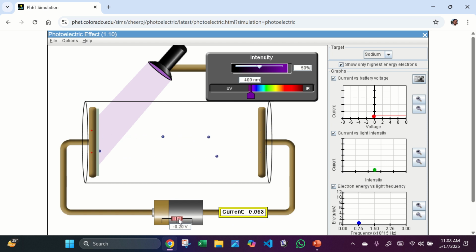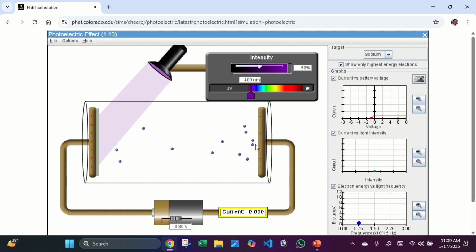Then what happens? The current is reduced further. Next, make it 0.6. Again the current is reduced, and our observation is that the speed of these electrons is decreased. Let's make it minus 0.8. At this potential, negative 0.8 applied at the collector, none of the electrons is reaching it.